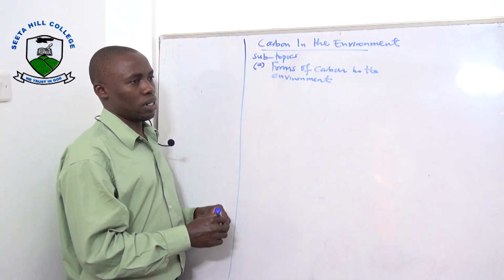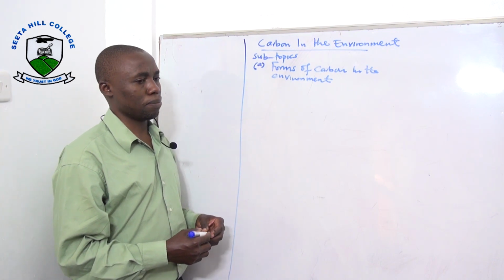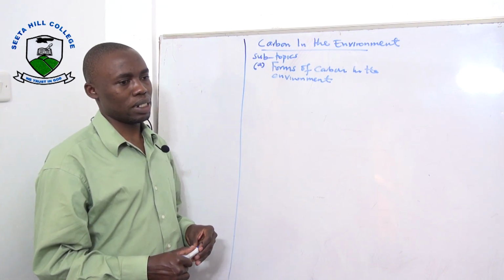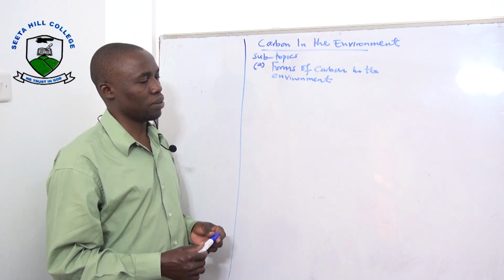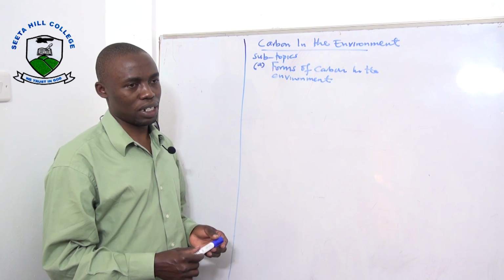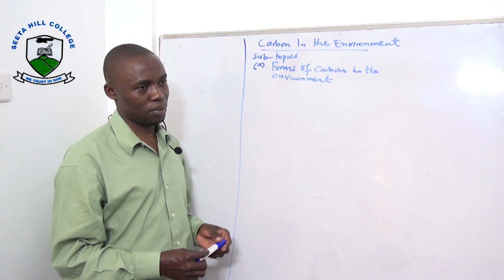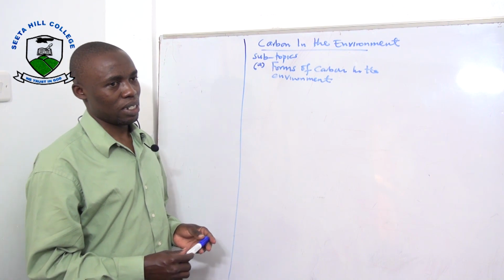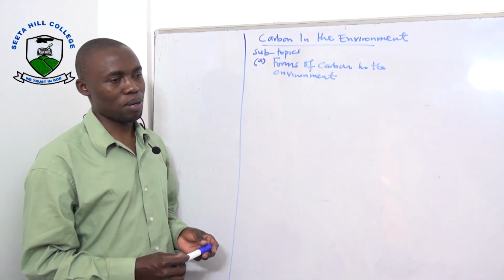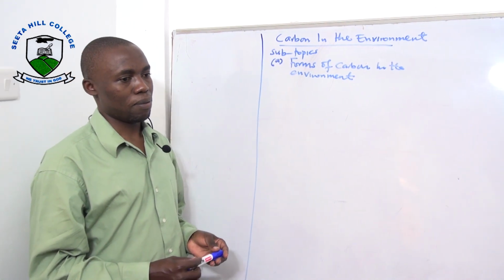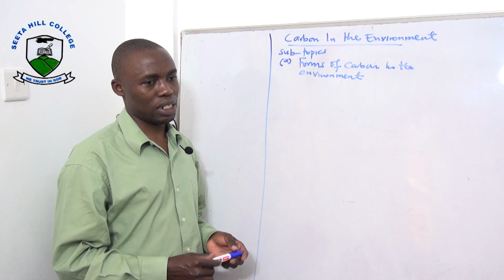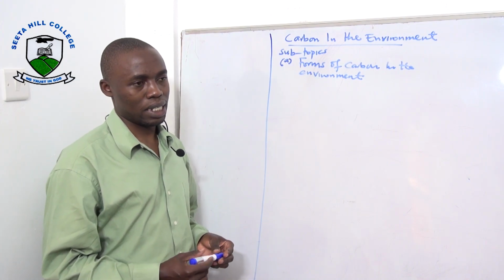And remember that this carbon is almost every natural thing that we have on earth here. And remember one of the subtopics I told you that this carbon here is what gives the natural things the name organic.